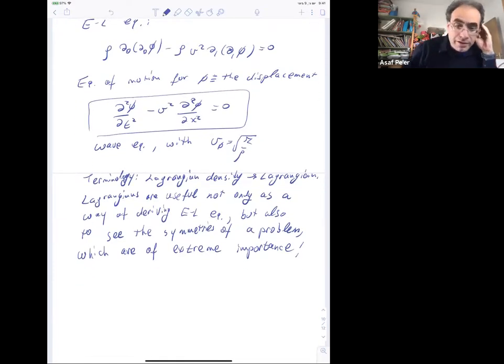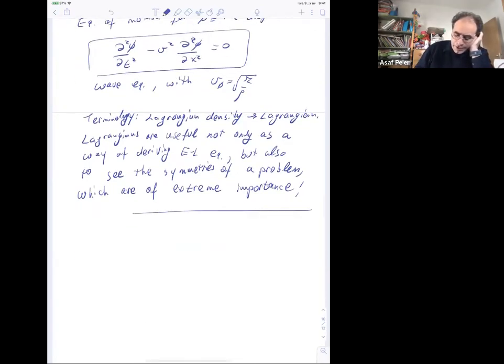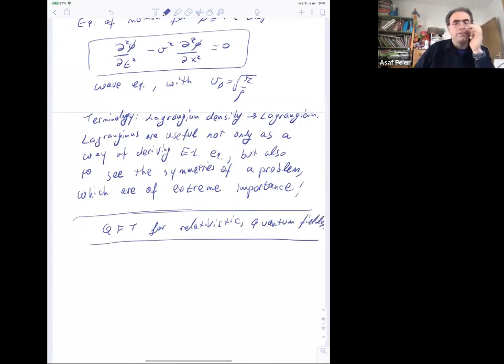Now let's start talking about Lagrangians for relativistic quantum fields. So, questions, by the way. This is all being done quite quickly because I want to get to here.